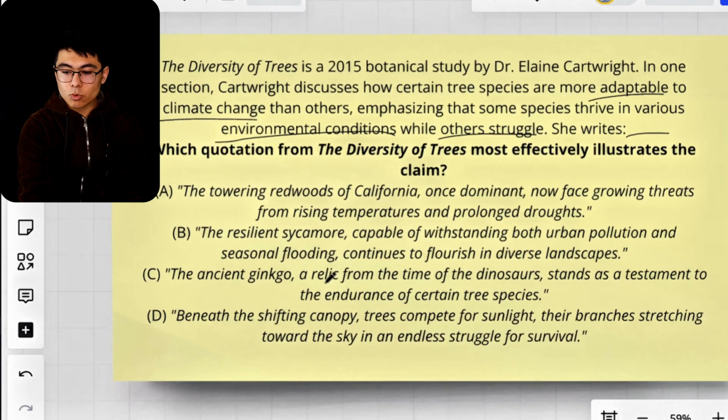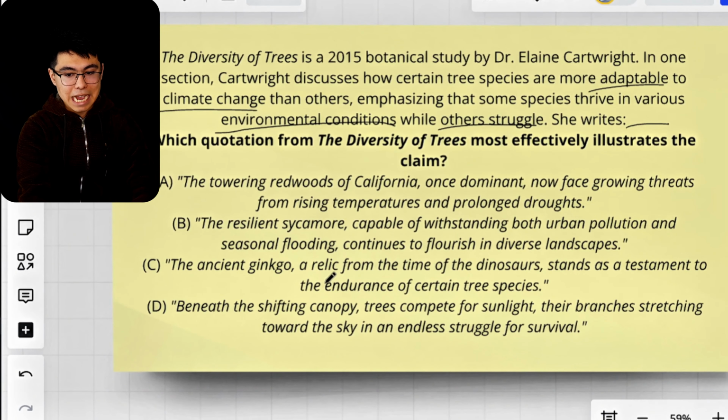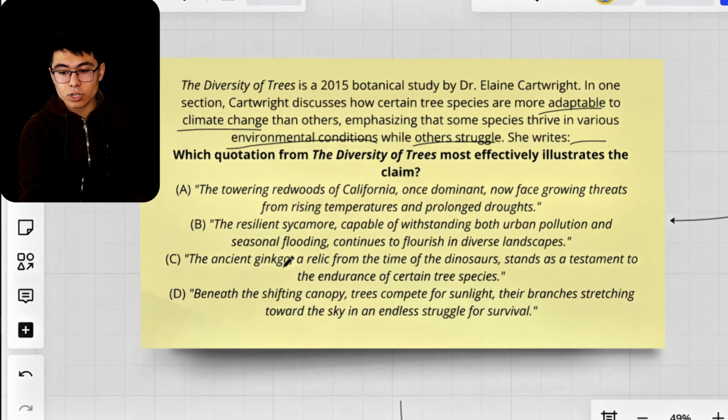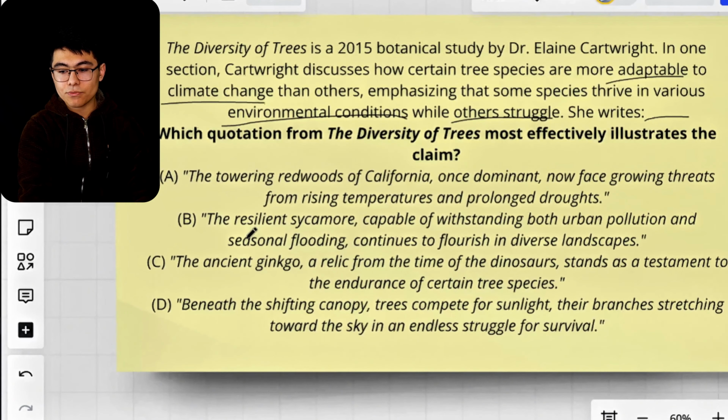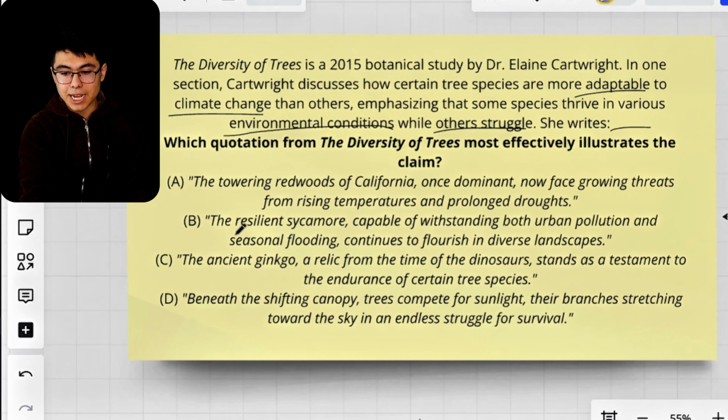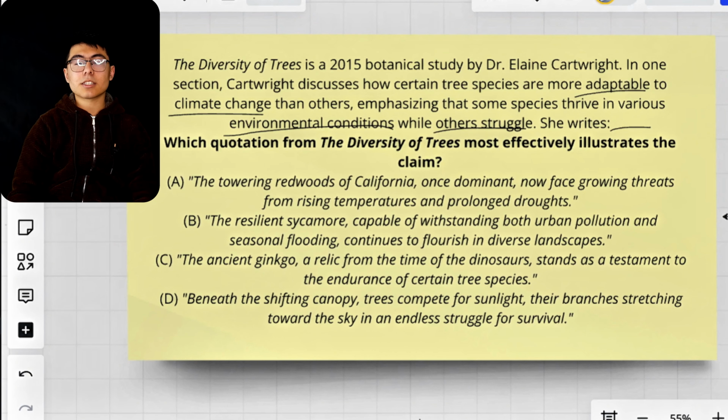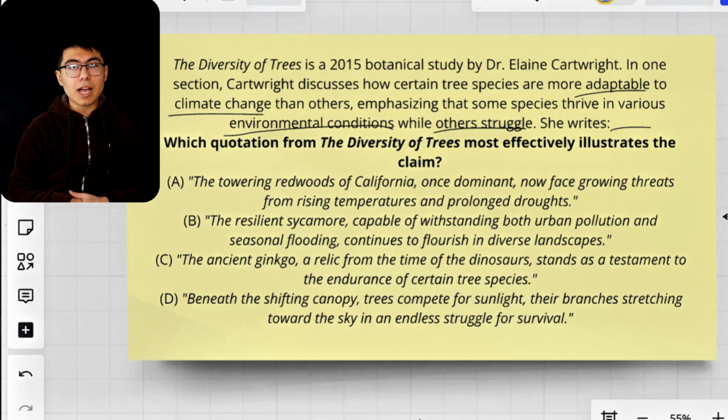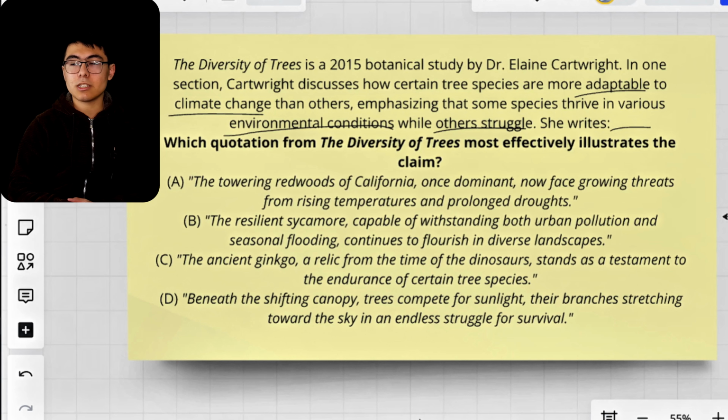So now let's move on to choices. Choice A: the towering redwoods of California, once dominant, now facing growing threats from rising temperatures and prolonged droughts. This talks about trees struggling with climate change, but the claim isn't about that. What we want is a quotation that shows species adapting well to change.